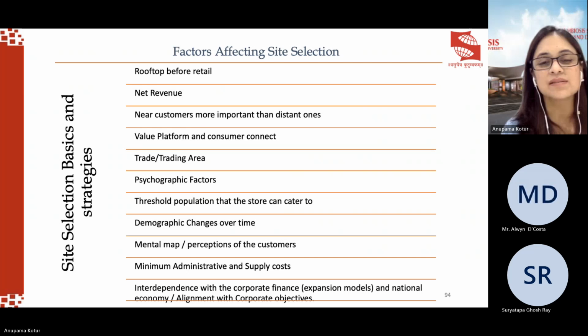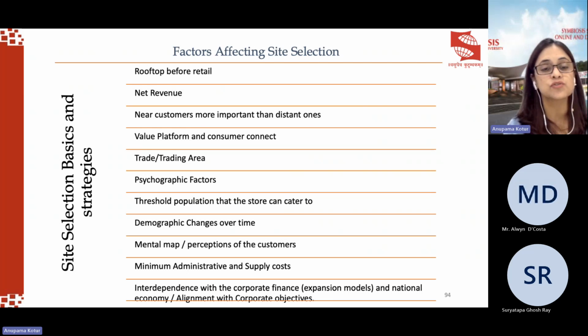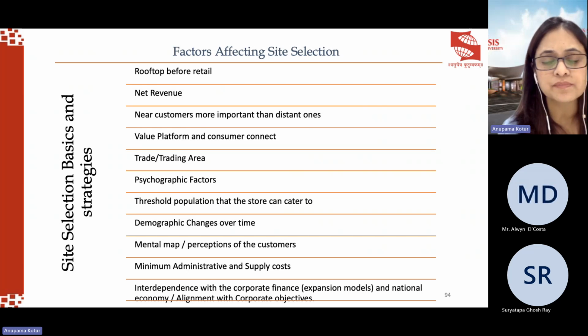And of course, demographic change over a period of time is another aspect that one has to look at. There are a lot of countries, for example, Germany or Taiwan or South Korea or Japan. All of these countries are really looking at a demographic shift over the years, where the birth rates have greatly reduced.